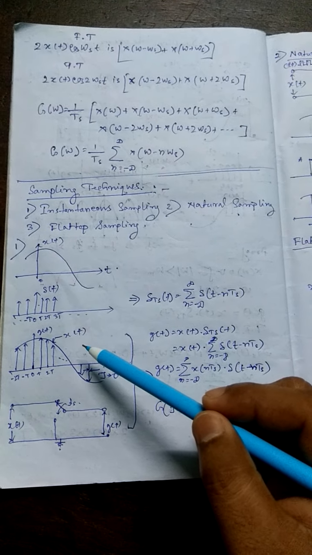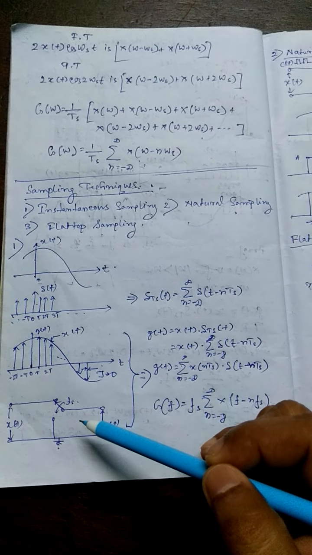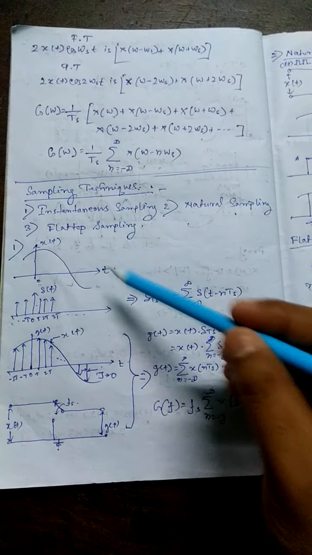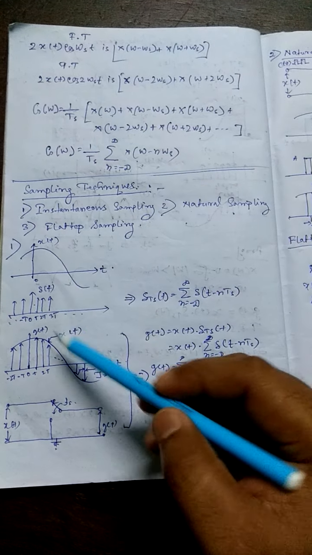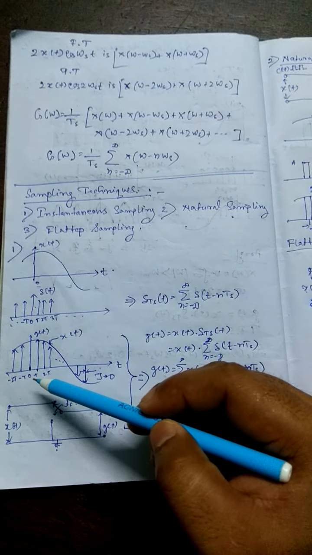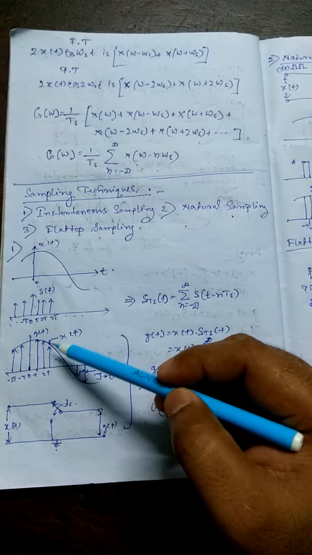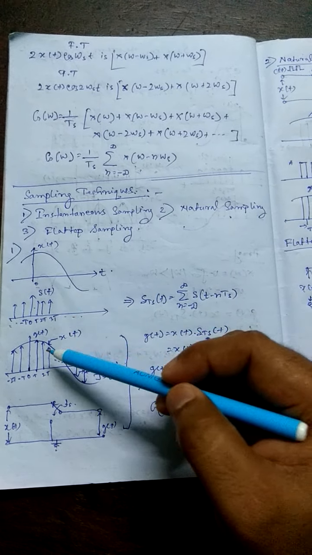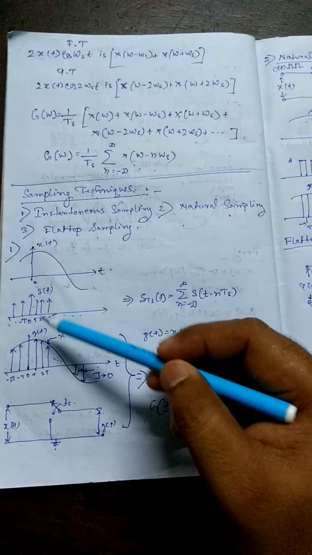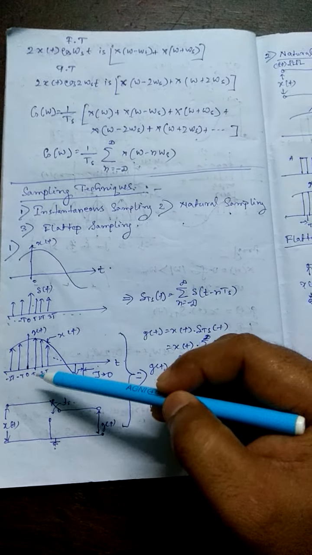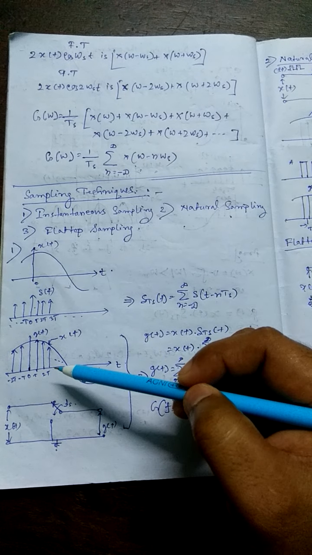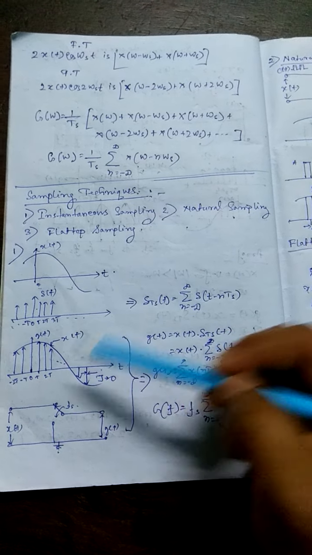And this is the circuit by which we can do that operation. First of all, this is 0 and this is also 0. Always remember, this signal and this signal are almost identical, and that impulse is inserted in the same way.